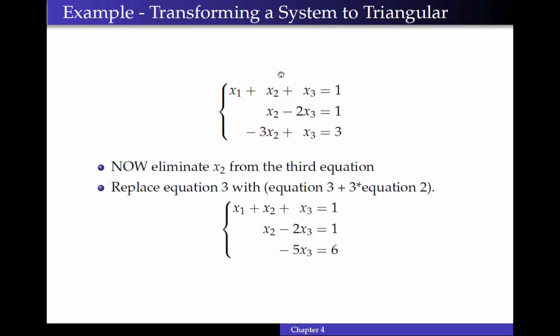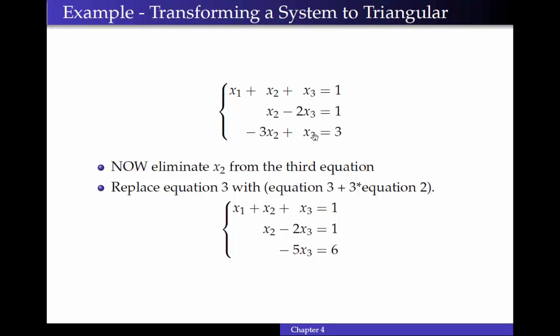So this is just that same system rewritten. I've already swapped these equations. And so now we're going to replace equation 3 with equation 3 plus 3 times equation 2. So I have negative 3 plus 3 times x2. So these terms will cancel out.